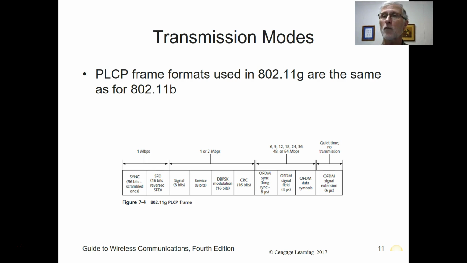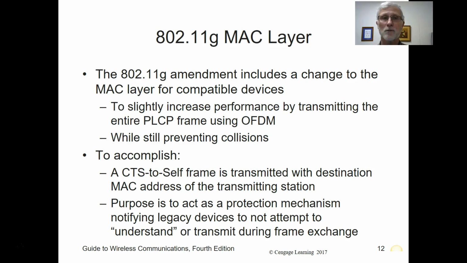And if you look at some of those old wireless access points, they were sold as B and G modems. It was part of the advertising protocol. Now, at the MAC level of the 802.11g program, there had to be some changes. It included changes that slightly increased the performance by submitting the entire frame over OFDM.